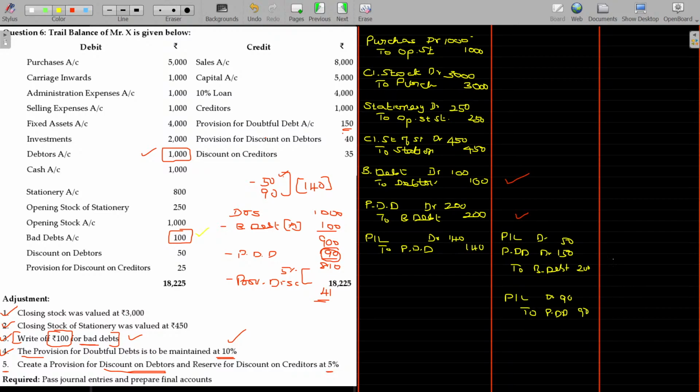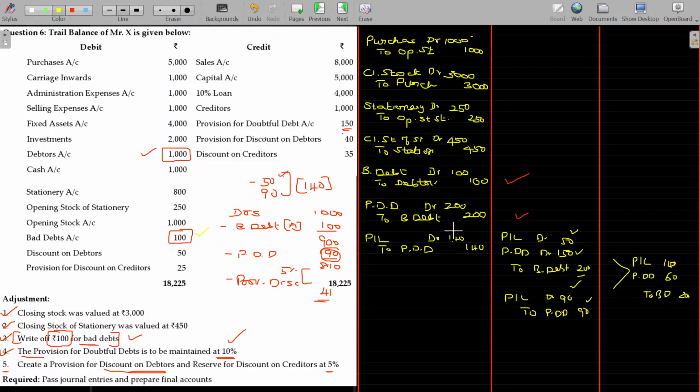So if you club these two, what is the ultimate entry? P&L account 50 and here is 90. If you sum these two, the ultimate value be 140 in P&L account. So P&L account 140 and PDD 150 in the debit and 90 in credit ends with 60 in the debit, to bad debt 200 rupees.